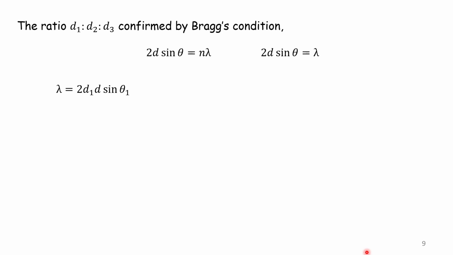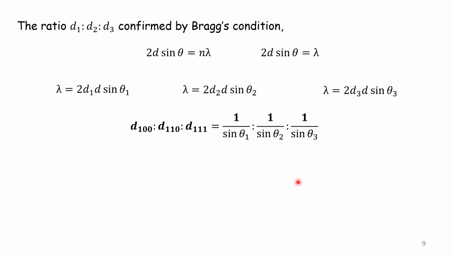We can write the Bragg's diffraction condition corresponding to the interplanar distances. For the glancing angles theta 1, theta 2 and theta 3, we get lambda is equal to 2 d1 sin theta 1, lambda is equal to 2 d2 sin theta 2, and lambda is equal to 2 d3 sin theta 3.